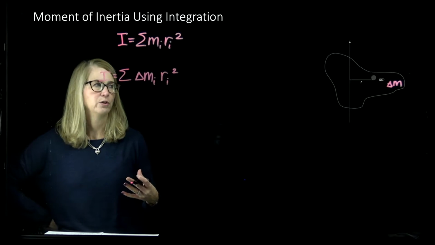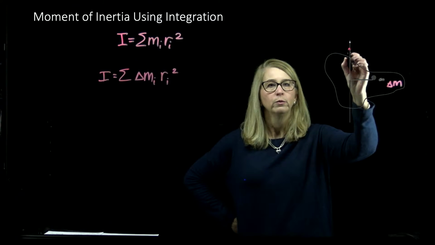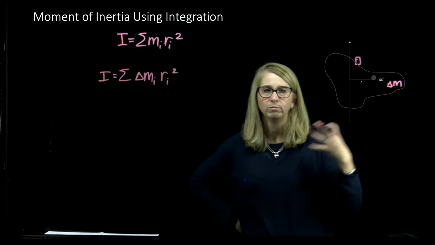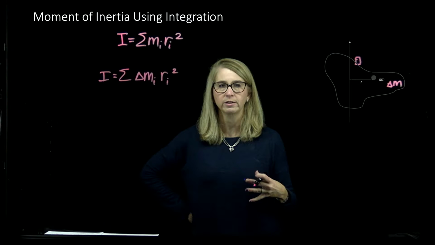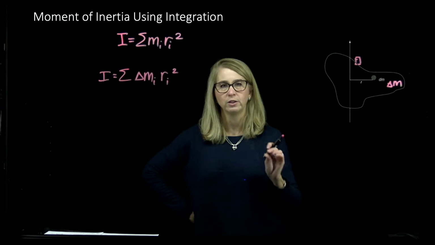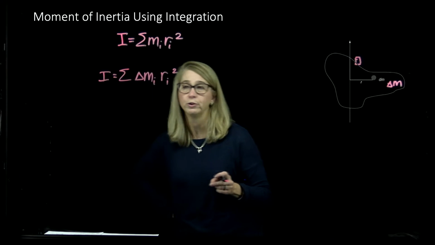And that's going to give you some error around the edges, so like when I take a little piece right here, I'm going beyond the limits or the boundaries of the object. And I know that as those little blocks of mass get smaller and smaller, my accuracy is going to improve.